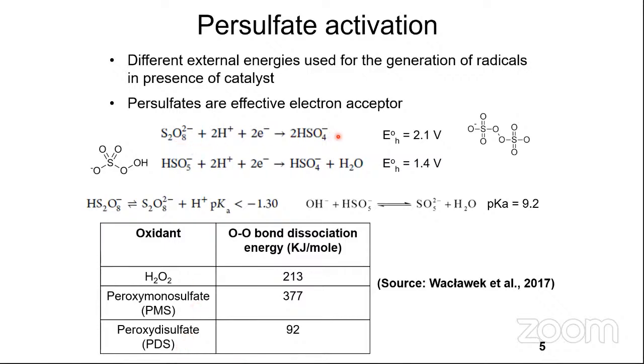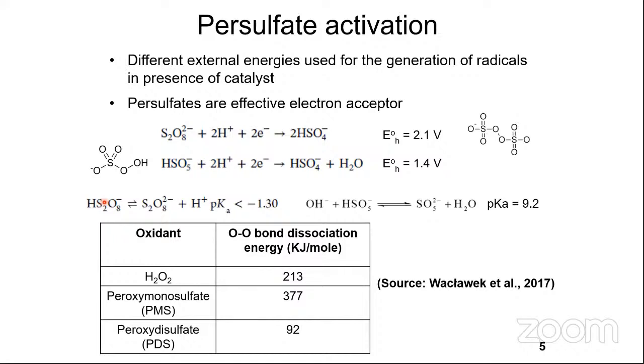You see in this reaction that peroxymonosulfate and peroxydisulfate themselves are good oxidants, but their oxidation kinetics are very slow, so we require external energies to break the oxygen bonds present in the structure of these two salts to form two sulfate radicals in the case of peroxydisulfate, and one sulfate radical and one OH radical in the case of peroxymonosulfate.